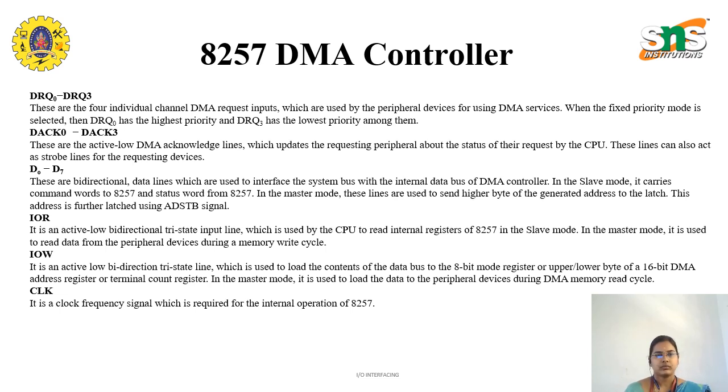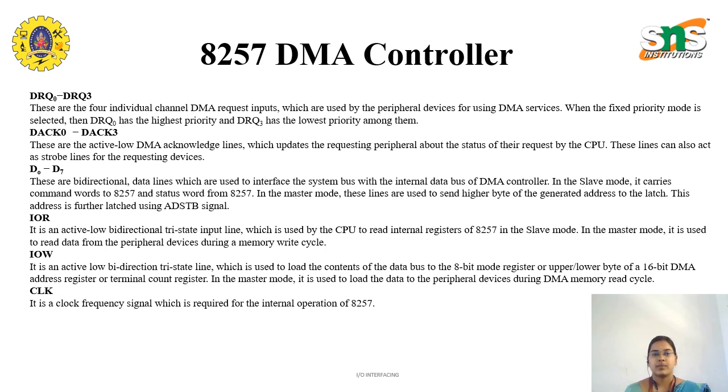Then DACK0 to DACK3, the DMA acknowledgement lines. These are active low DMA acknowledgement lines which inform the requesting peripheral about the status of their request. These lines can act as strobe lines for the requesting devices.